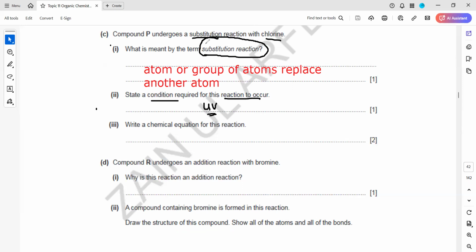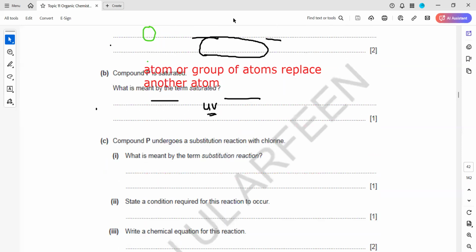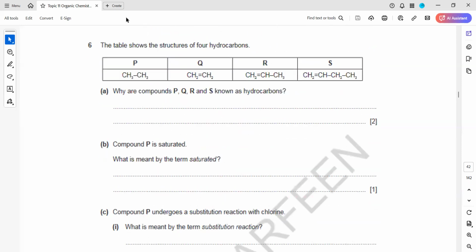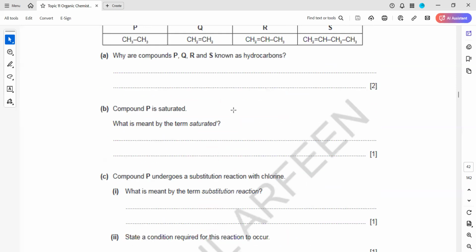Here we have compound P. Compound P has two carbon atoms. What is the prefix for two carbon atoms? Yes, eth. And because they have a single bond, it will be ane. So compound P is ethane. Ethane is C2H6.